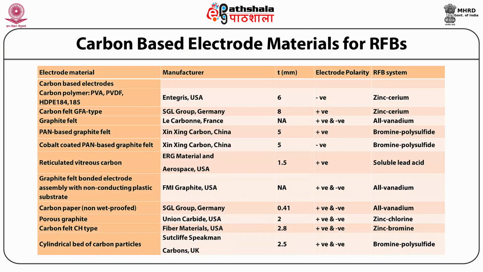So the students look into this table which lists some of the carbon-based electrode materials used in various RFBs. The flow-through configuration has a more uniform concentration of electroactive species and gives an enhanced mass transport.